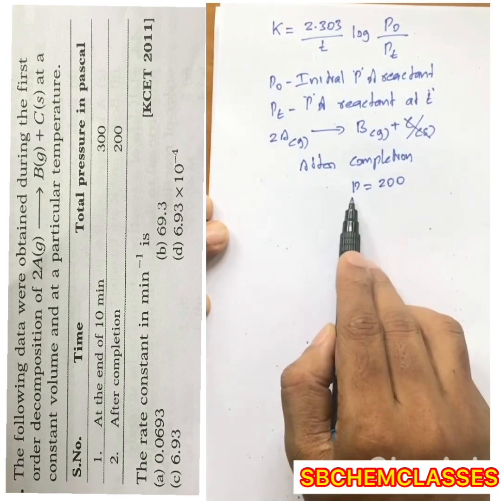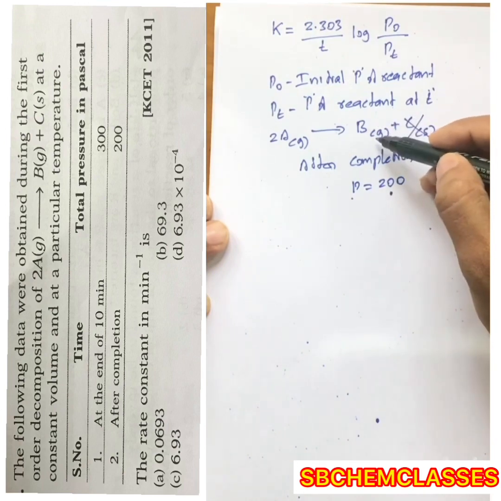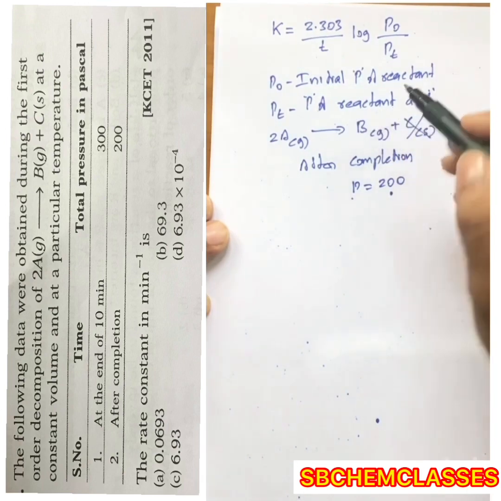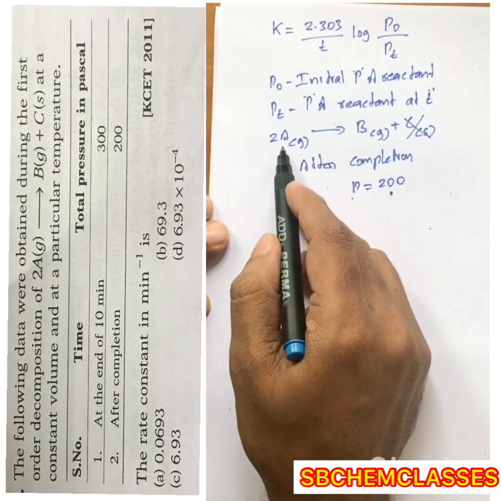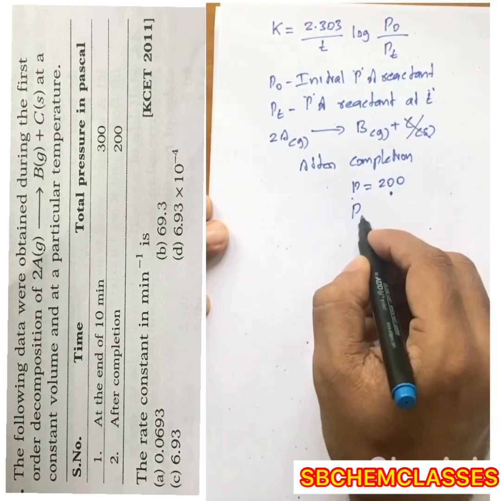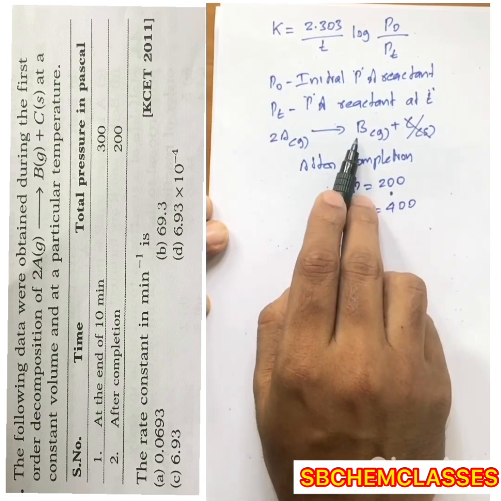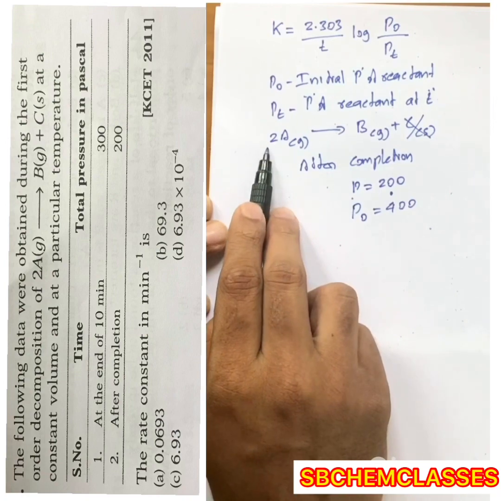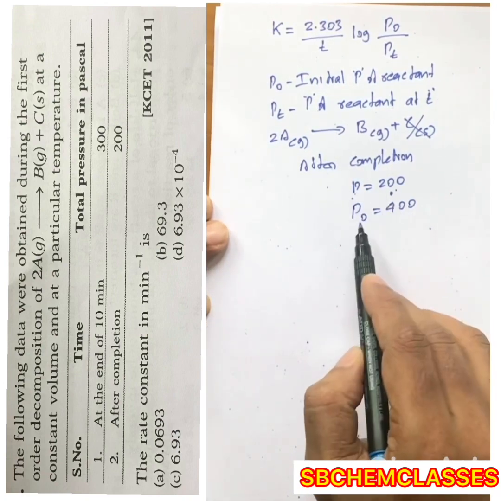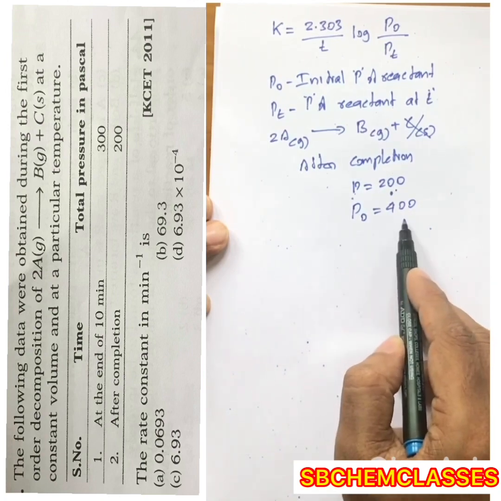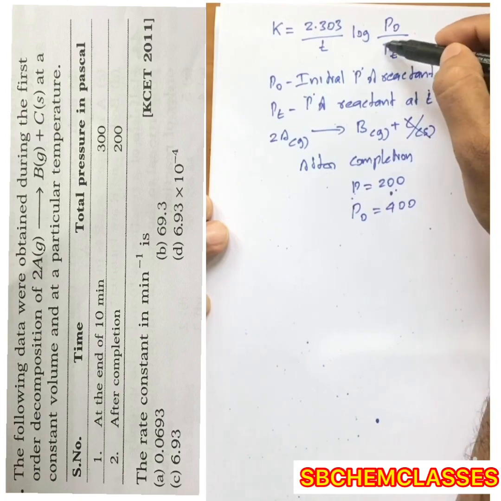After completion, the pressure is 200, that is the pressure of B. If the pressure of B is 200 after completion, then the pressure of A, that is the reactant, will be 400. Why? To get 1B, there should be 2A. The ratio is 2 to 1. So after completion the pressure is 200, then the initial pressure should be 400. So we got 400. Now we have to determine this Pt.